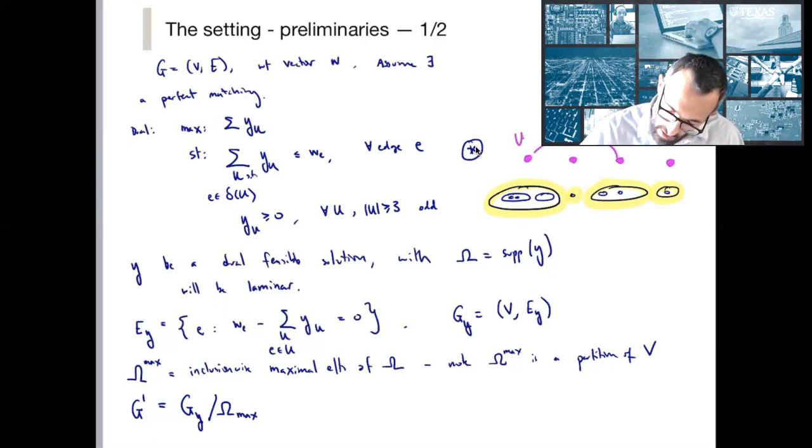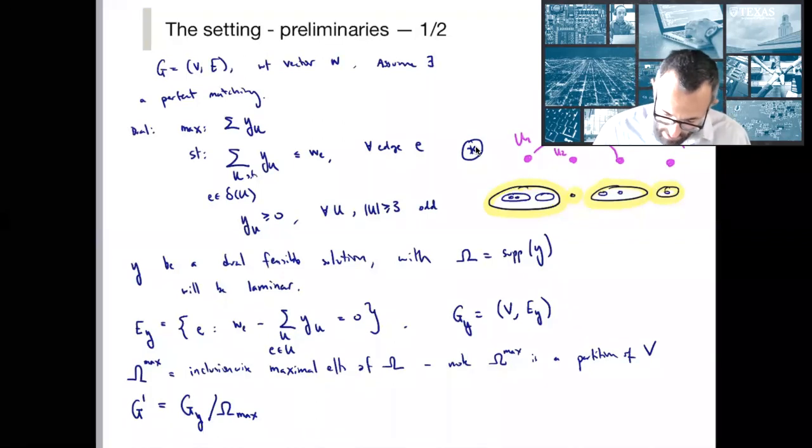In other words, I've got U1, U2, U3, U4. These are the maximal subsets in omega max. And there's an edge between, say, in the example U1 and U3, if and only if there is an edge in Gy of this.